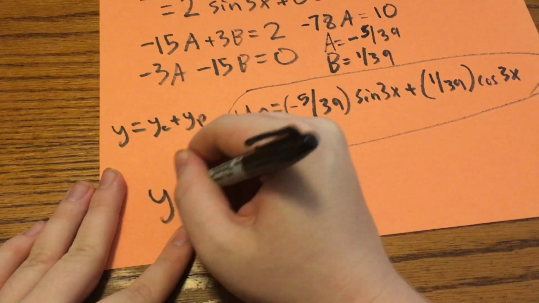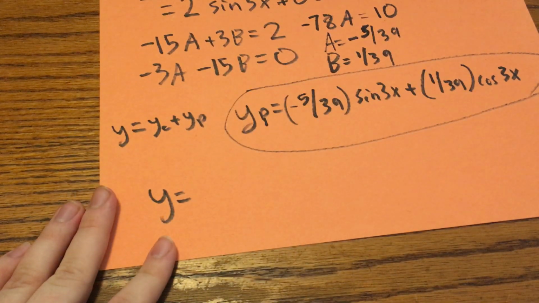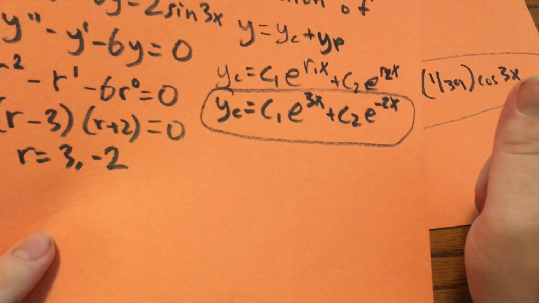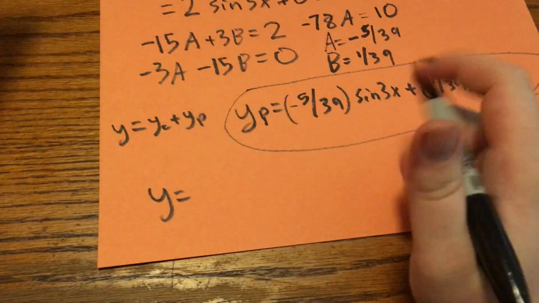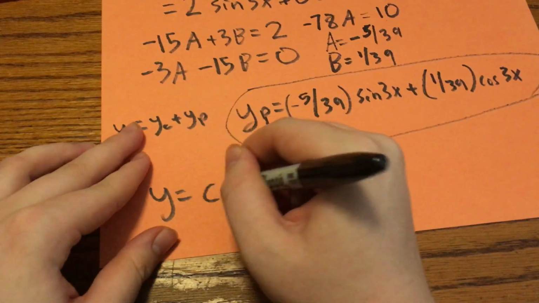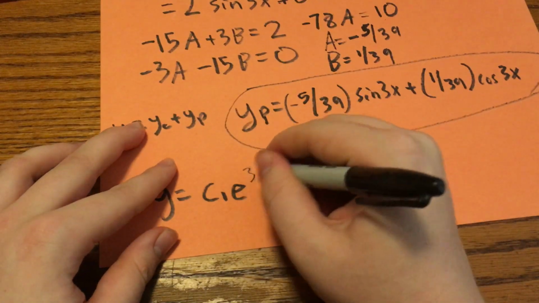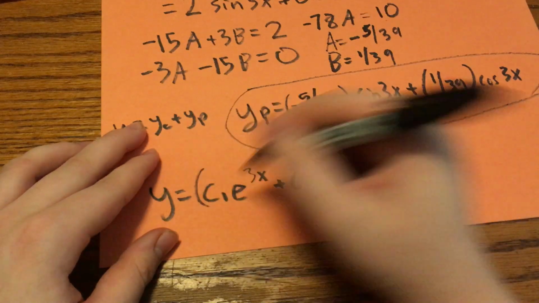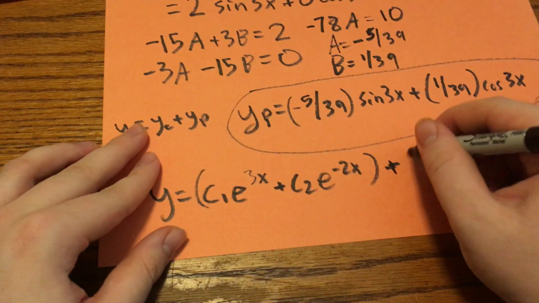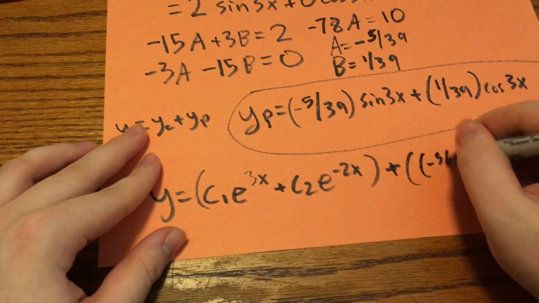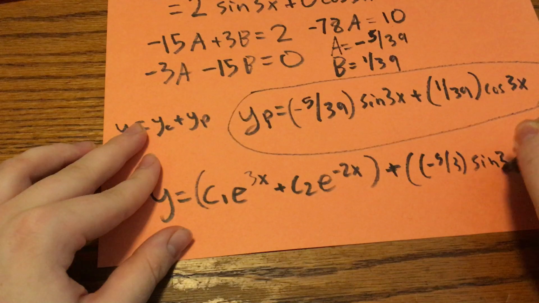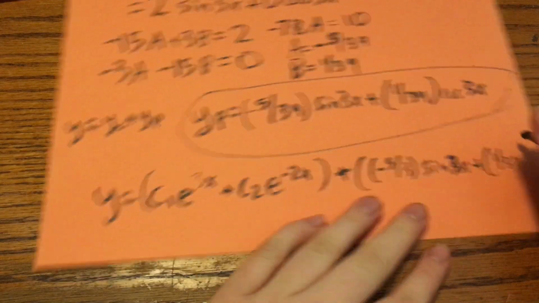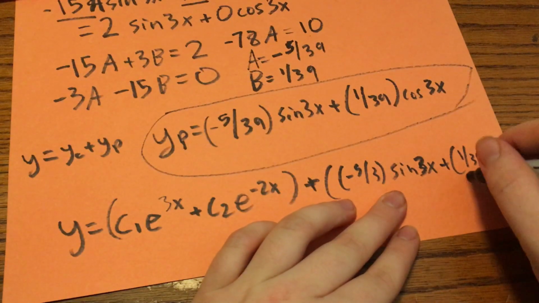That would be c1 e to the 3x plus c2 e to the negative 2x, which I will write down, and then add that to the particular solution, which is negative 5 over 39 sine of 3x plus 1 over 39 cosine of 3x.